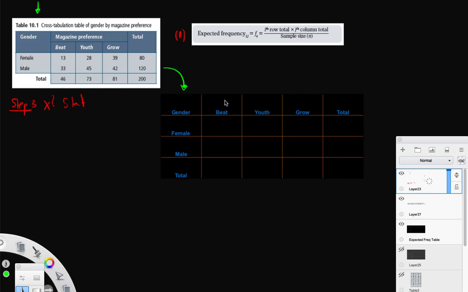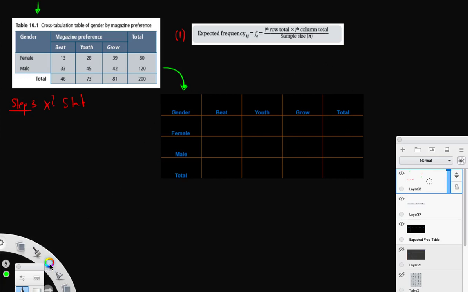So you look at whatever row total you have and whatever column total you have, then you divide it by the sample size, which is going to be here. So just follow with me. I'm going to do 102, then I'm going to pause and let you do the rest while I'm also doing the rest. Then we'll compare our results.